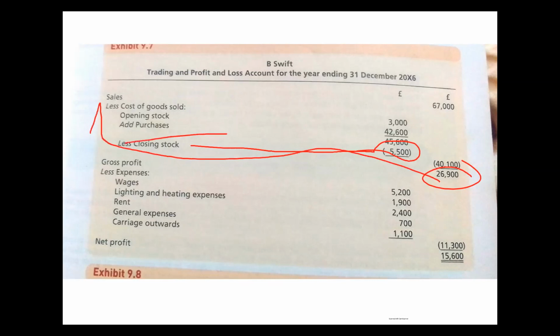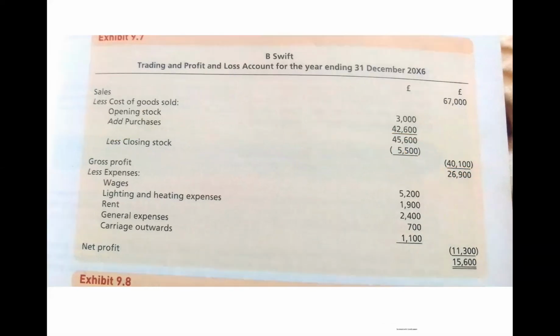You can rectify this part so that you can subtract the expenses from the corrected figure. Because if you just go straight, then everything is wrong. Is that fine? Yes, it's fine. Okay.